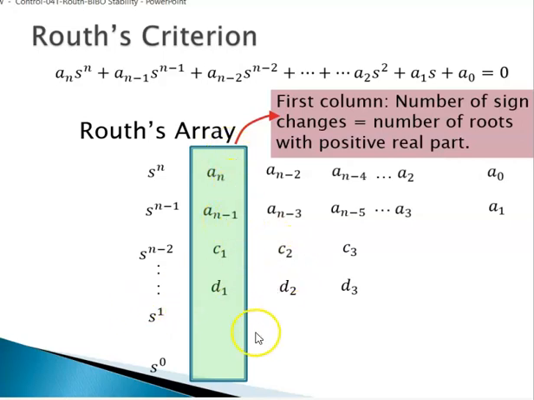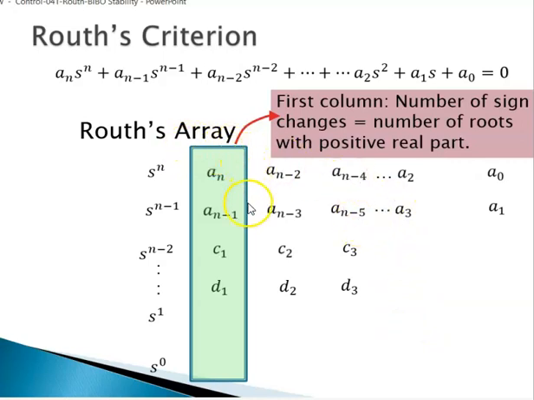We perform the same operations. Each row is built from the previous two rows using the same formula: cross up right positive, cross up left negative, divided by the pivot element. Let us look at this a little bit and see what it means to us.